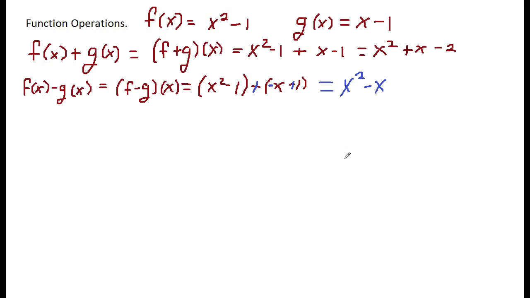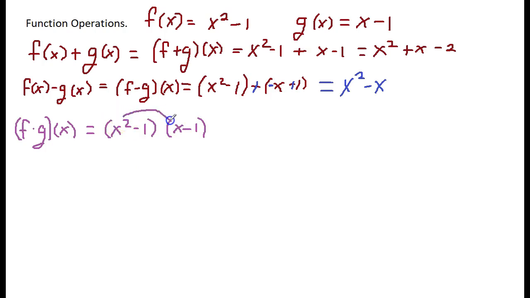Now, we have a couple other math operations, and one of those is multiplication. So let's multiply them. The way your book writes it is f times g, they put it in parentheses, of x. So what does that mean? Multiply the two functions. So f of x is x squared minus 1. G of x is x minus 1. Use that FOIL method.